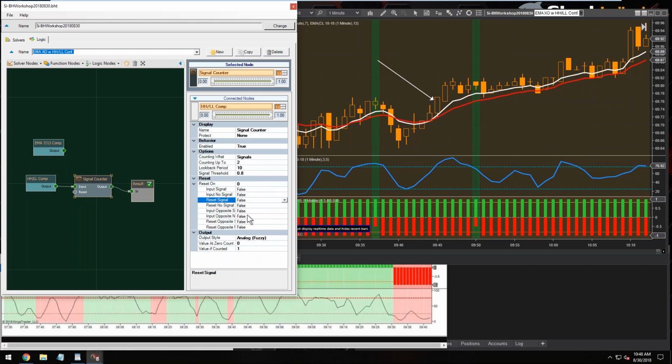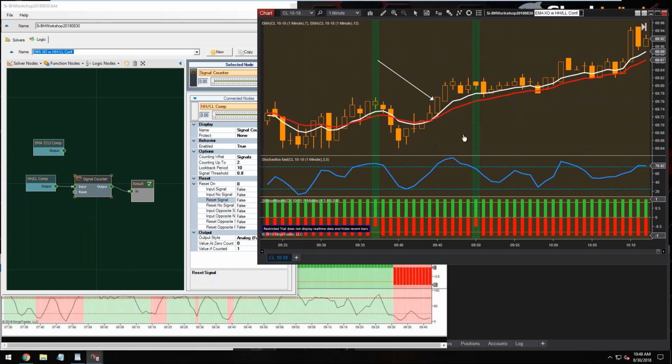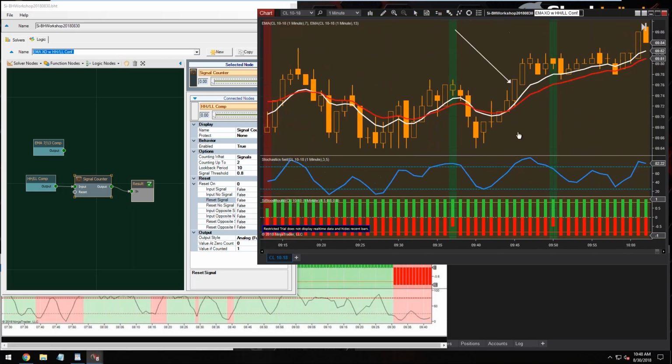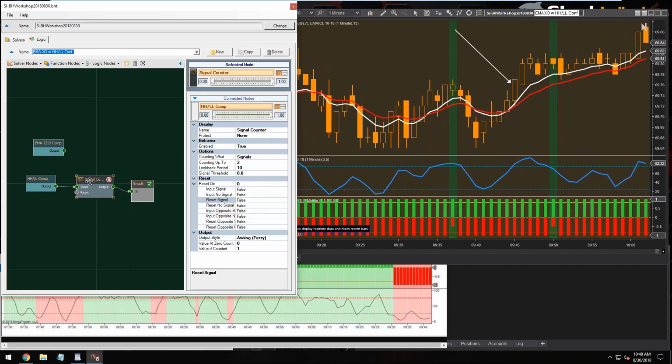Let's turn the resets off. Let's see. Yeah, we will need to use the reset here. Because if we look at this, basically, if we look at what's coming out of the signal counter, let's see.